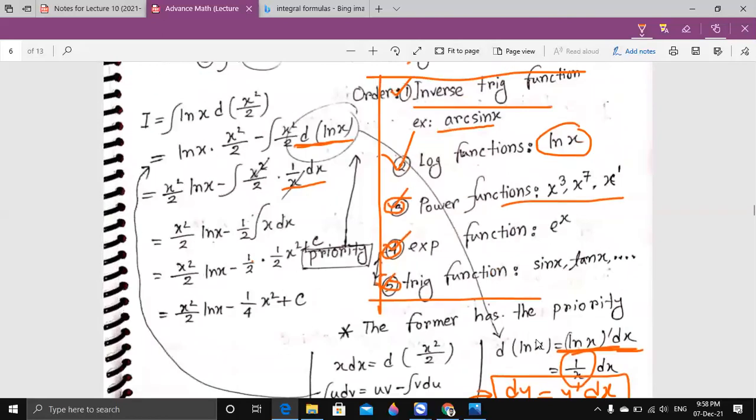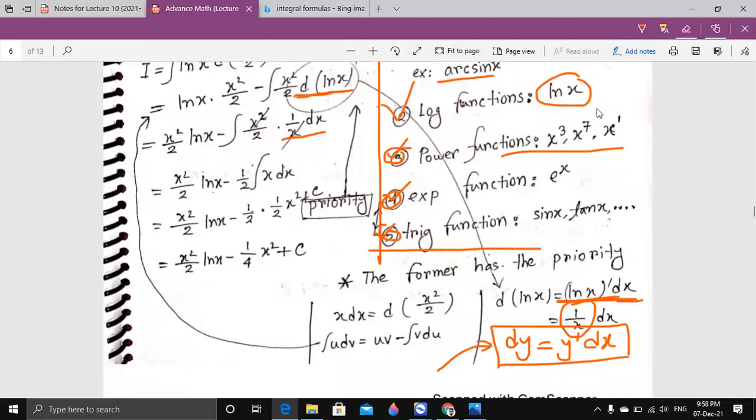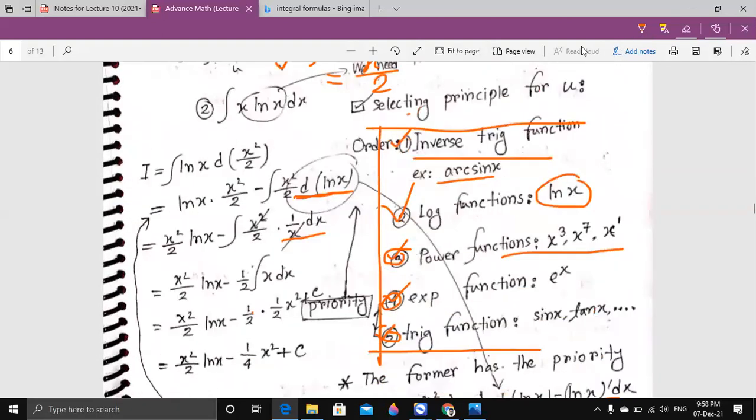So d ln x will be 1 by x dx, right? You see here, I explained it. Okay. Got it. Yeah. Now, if you cancel x and x square, you will get only x here, right? Yeah, x. So we have here x square and we have here x.